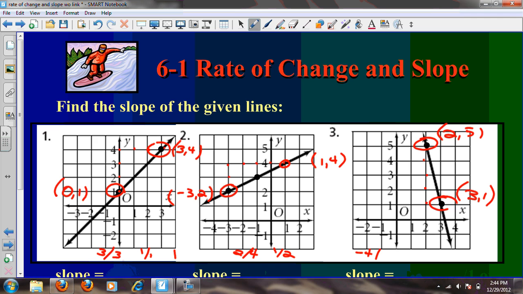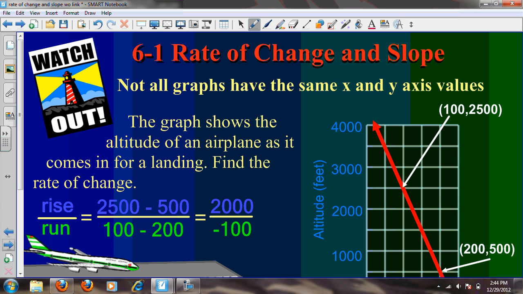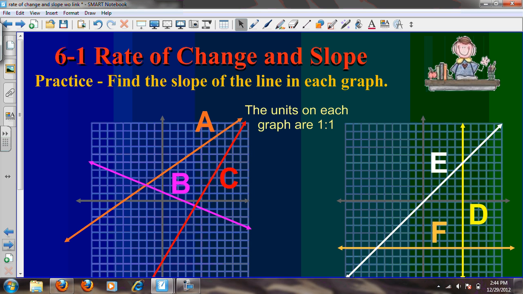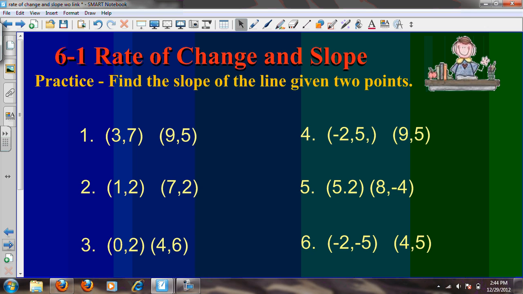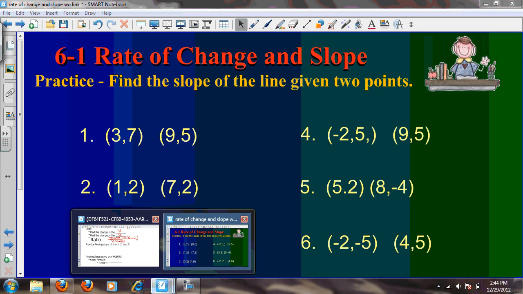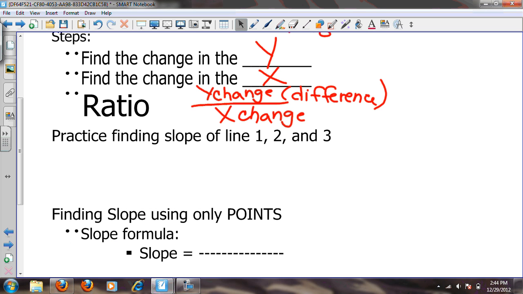Negative 4 because I was going downward over 1, or my slope is negative 4. Okay? Rise over run. Okay, so we found the slope.